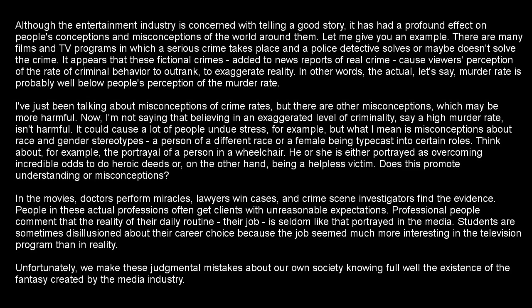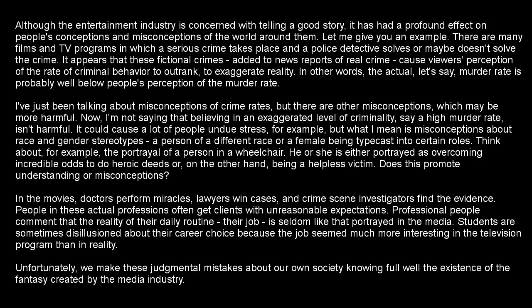Think about, for example, the portrayal of a person in a wheelchair. He or she is either portrayed as overcoming incredible odds to do heroic deeds, or, on the other hand, being a helpless victim. Does this promote understanding or misconceptions?